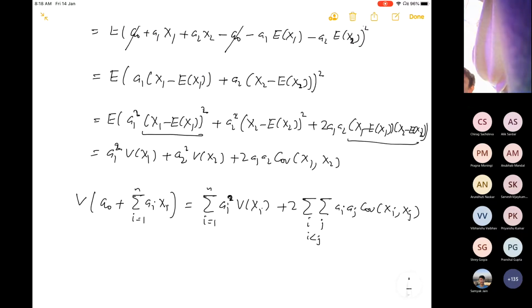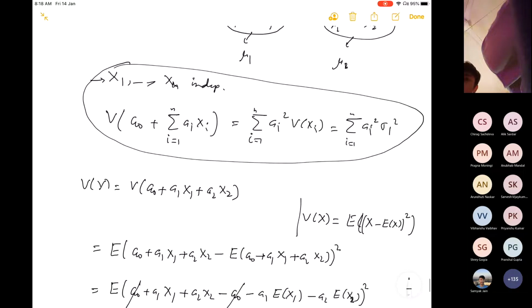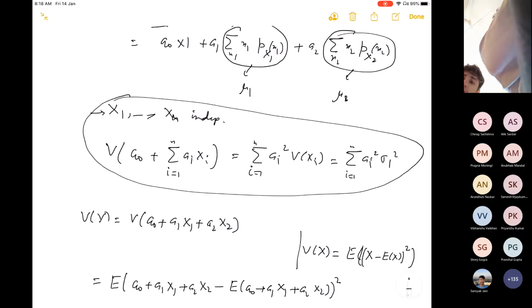So when x1, x2, up to xn are independent, that implies that the covariance between xi and xj is 0. Last class we have done that if x1, x2 are independent, this implies that the covariance between them is 0.